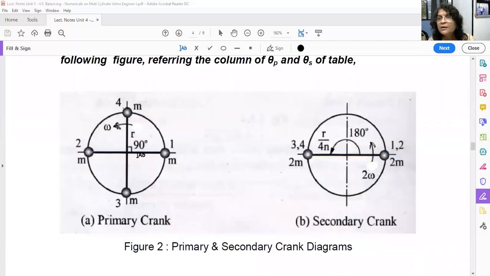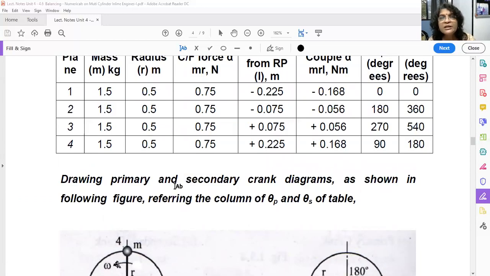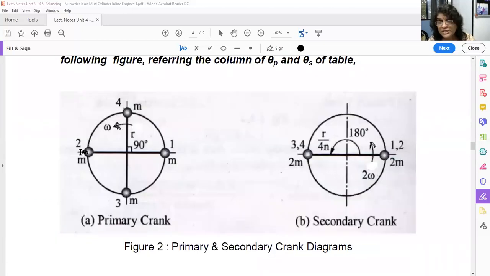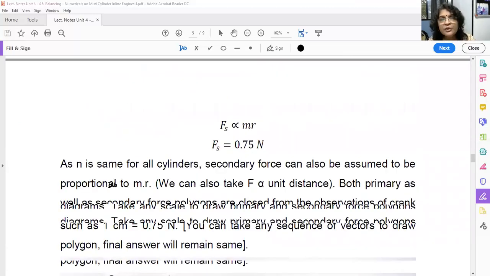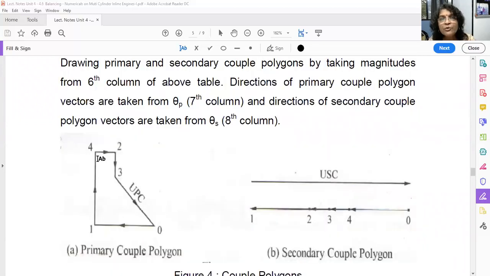See, this one, 2 is towards left. Positive is towards left. That means negative will be towards right. Okay, so from here you have to draw towards right.